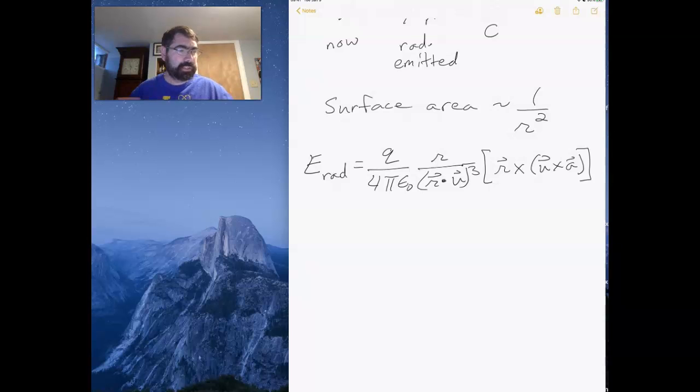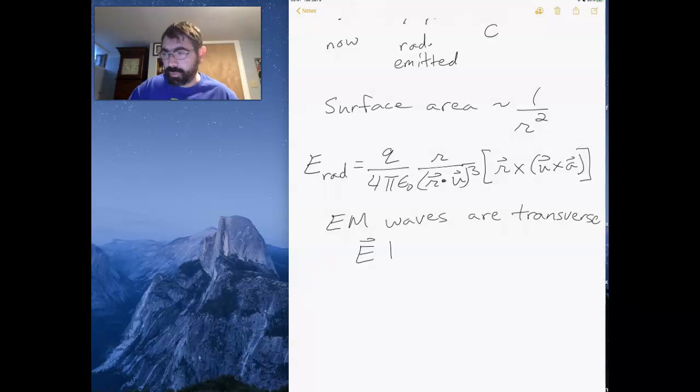Now, the electromagnetic waves in vacuum are transverse, which means that E is going to be perpendicular to R. So R dot E is going to be equal to 0.